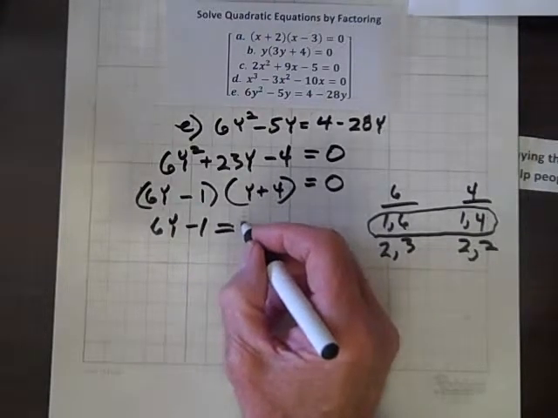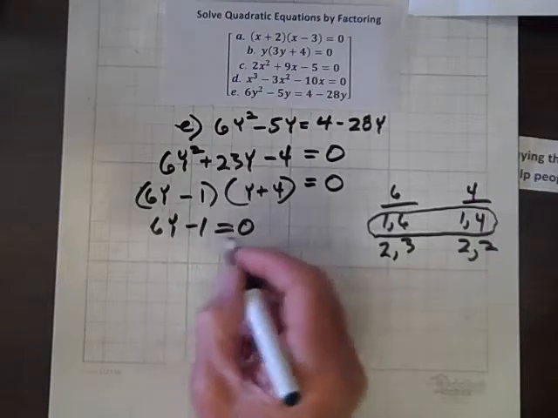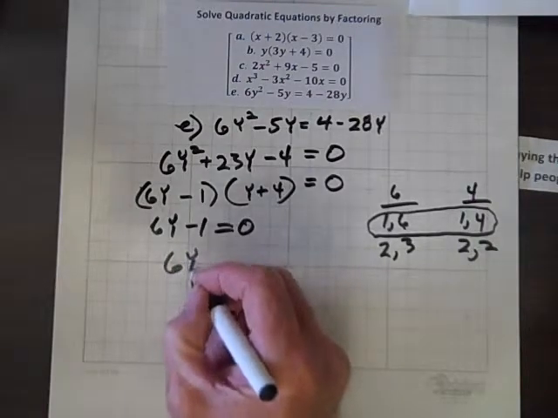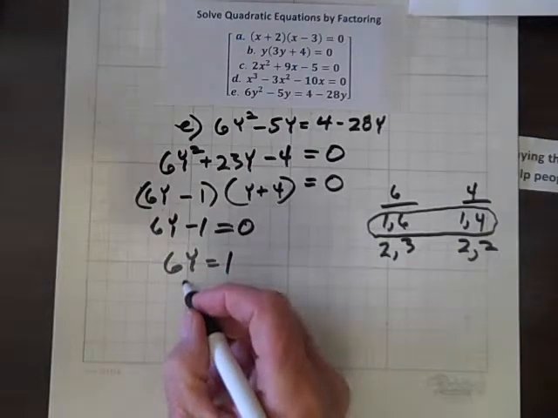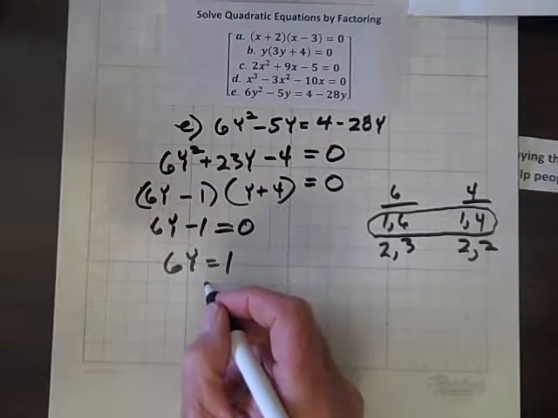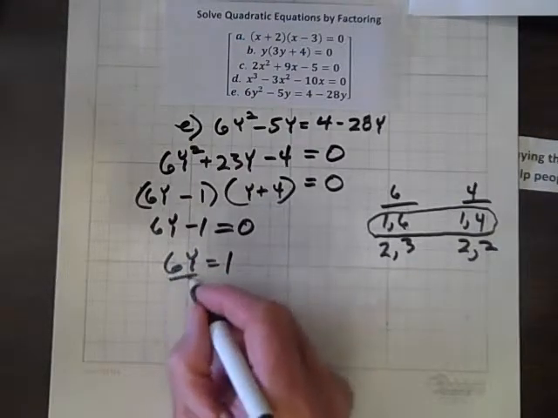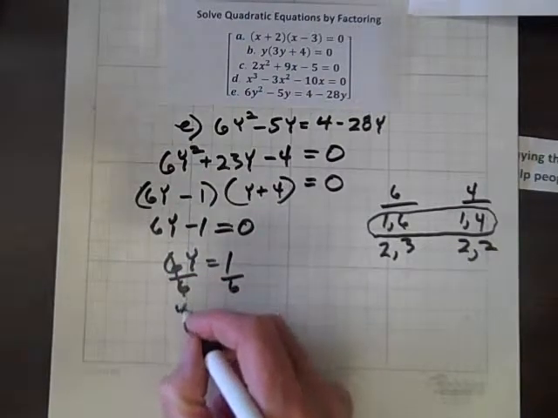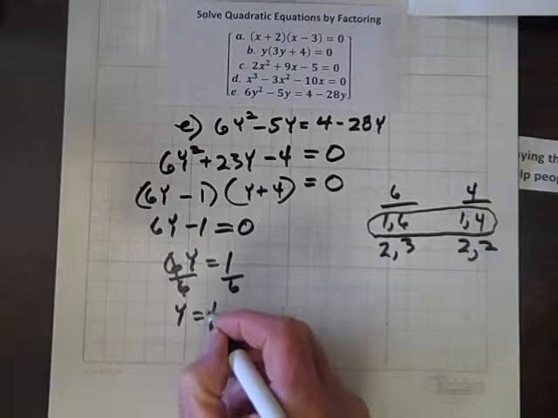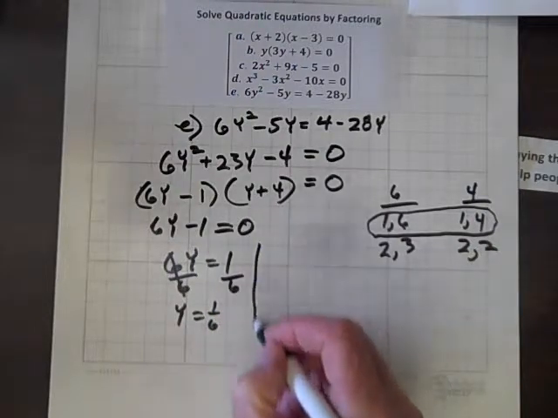So 6y minus 1 equals 0. Adding 1 to both sides, we get 6y equals 1. Now we'll isolate y by dividing through by 6. So the 6's divide out, and we have y equals 1 over 6.